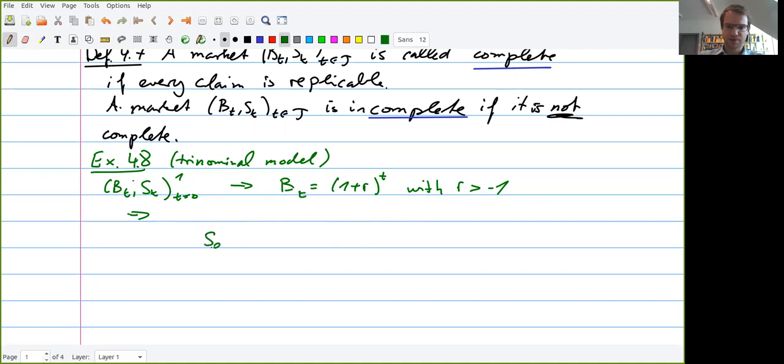So you start at time 0 with a non-negative real number, as I said, and then the price either goes up or it goes down, and then you introduce now a third option, which is somewhere in between, a medium move. And then you have here, of course, probabilities 1, 2, 3, and these are probability measures.